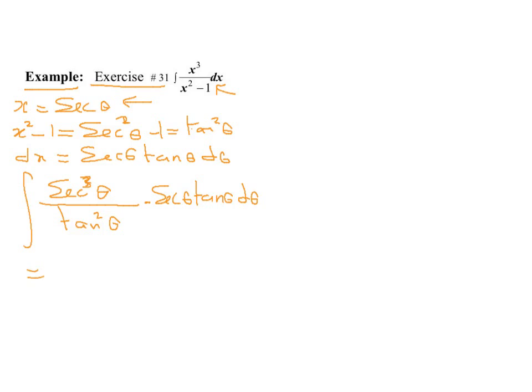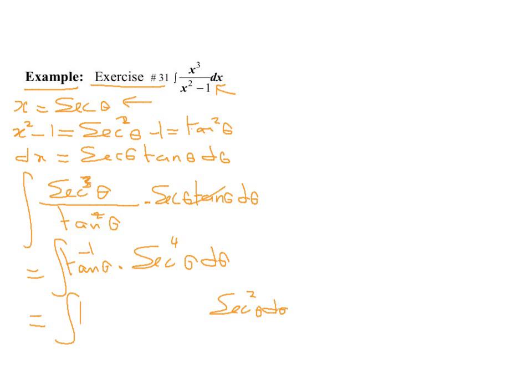This is equal to, we can cancel one tan with here, so it's equal to secant 4 theta d theta times tan to the power minus 1 theta. Since we have an even power of secant, we can save a secant squared theta out. We have tan here to the power minus 1 theta, and we have secant squared theta, which can be changed into tan, so we have u and u prime.